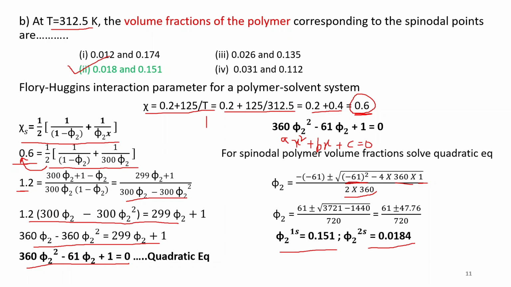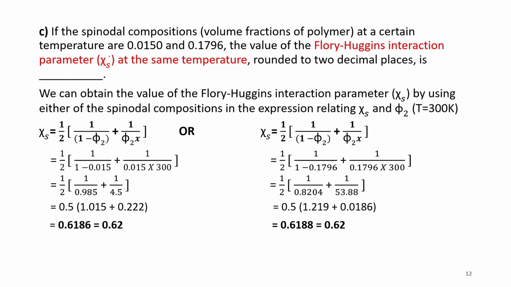Now let's move to part C, which is about calculating the spinodal compositions. We have spinodal compositions as 0.015 and 0.1796, and we need to calculate the Flory-Huggins interaction parameter at the same temperature. So here the temperature will be taken as 300 because it is saying the same temperature.